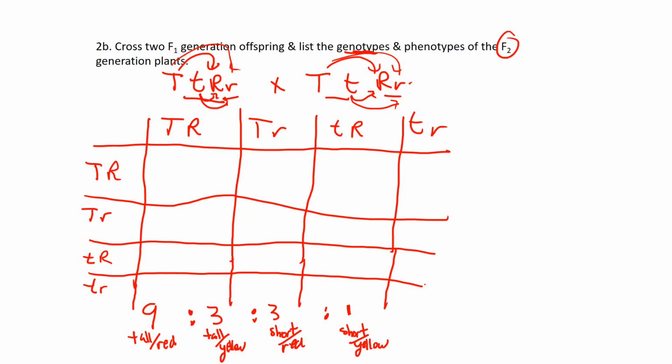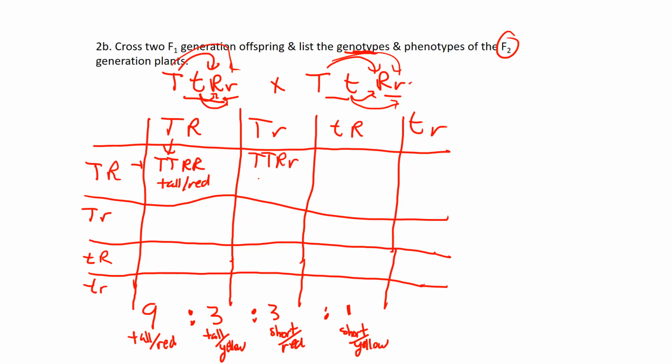Okay, so let's just fill a couple of these in. I think we know how to do them. So we'll just do a couple, again, showing fertilization, bring the T's and the R's together, capital T, little r, little r. Of course, that's going to be tall and red, and just a few of them we'll do.